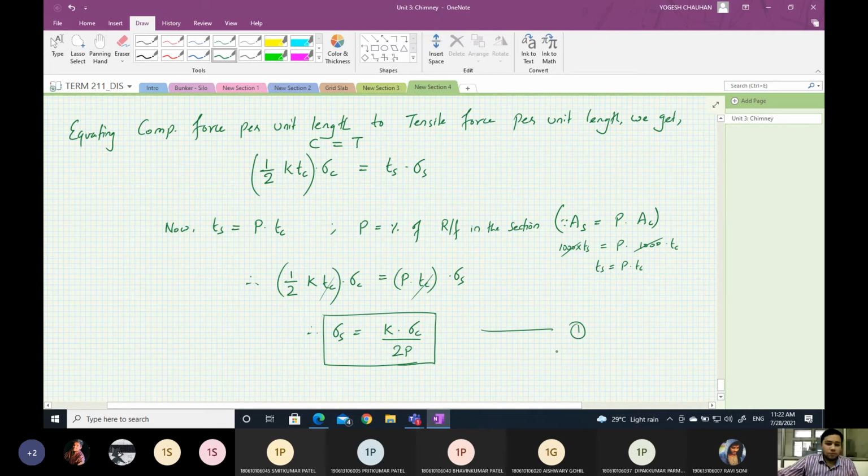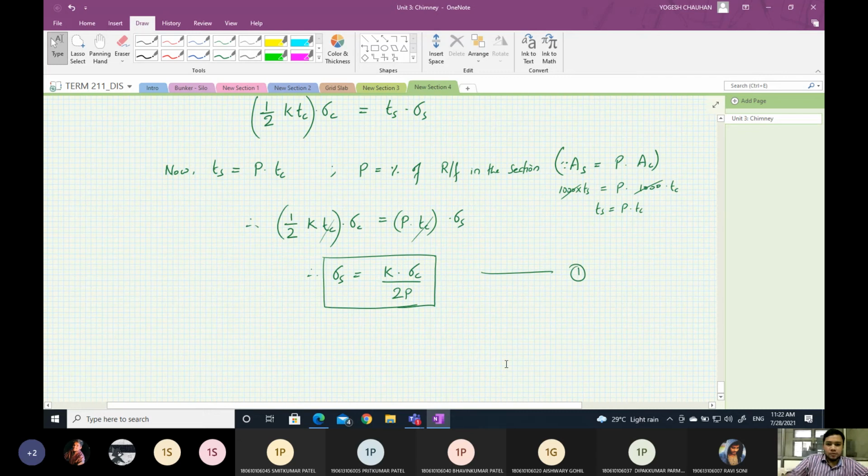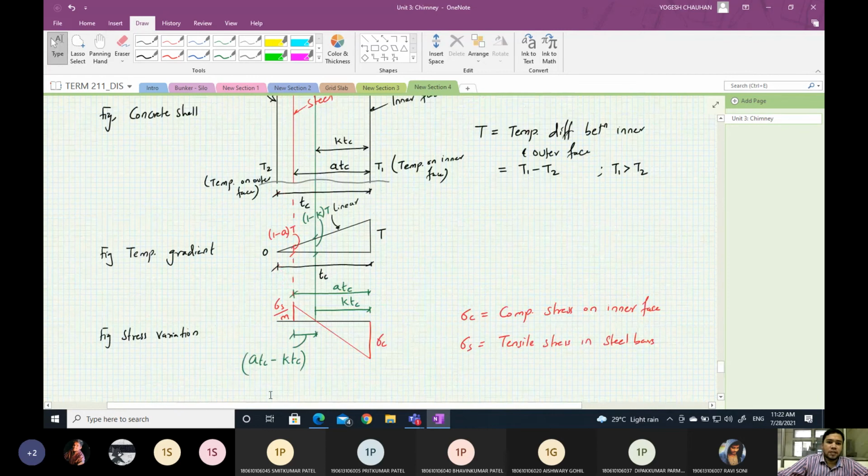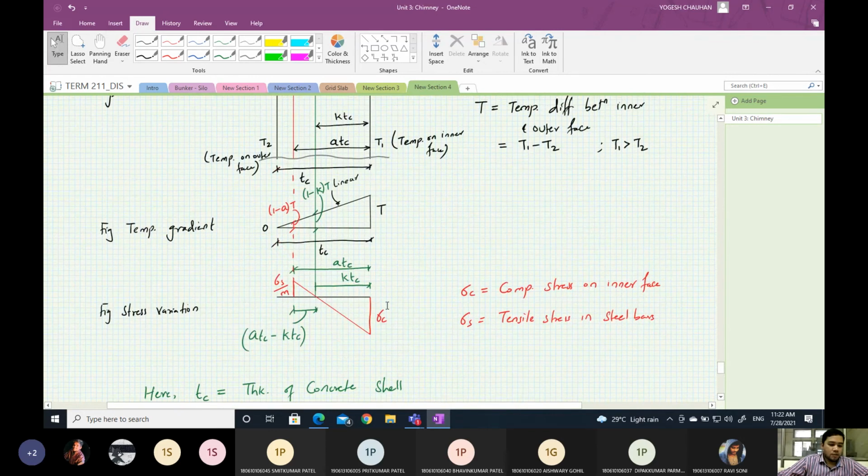Okay. Now from the stress diagram, you can use the triangular rule, or geometry of triangle. Sigma C by K times TC, meaning this length divided by this, will be equal to this divided by this distance.